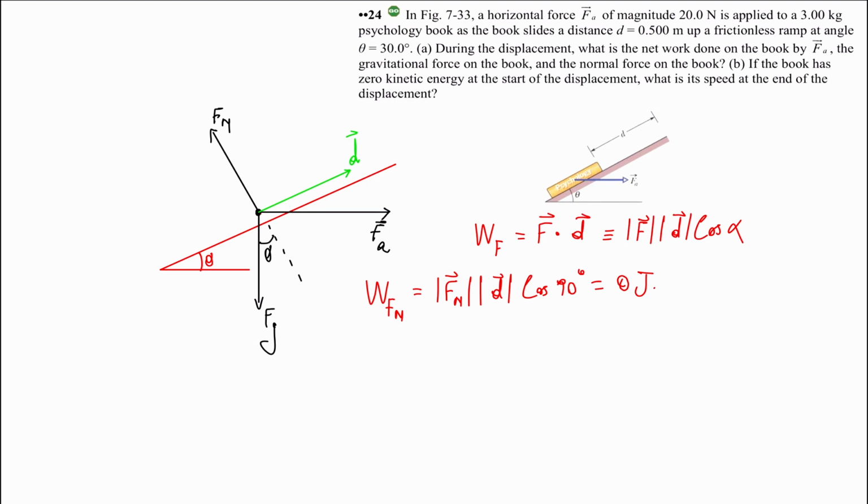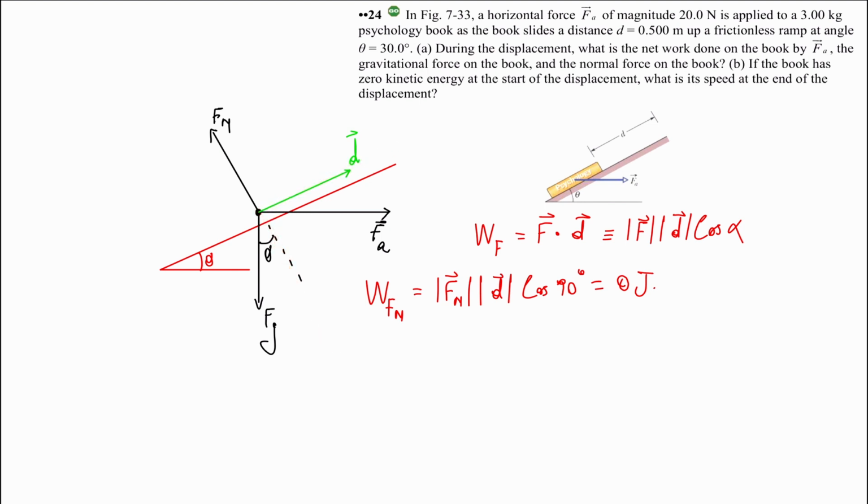Okay, what about the work done by the force of gravity? Well, notice that when they're attached tail to tail, the angle between the displacement vector and the gravitational force is given by this. The dotted line here, which is nothing more than the extension of the normal force, is perpendicular to the displacement vector.